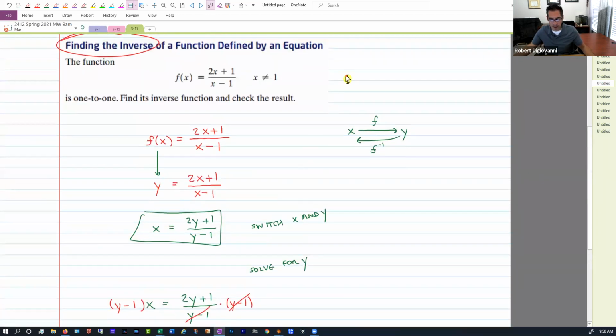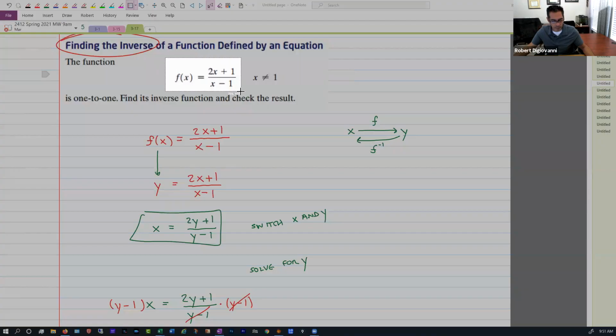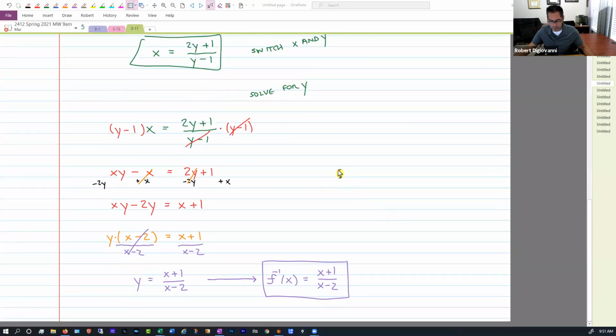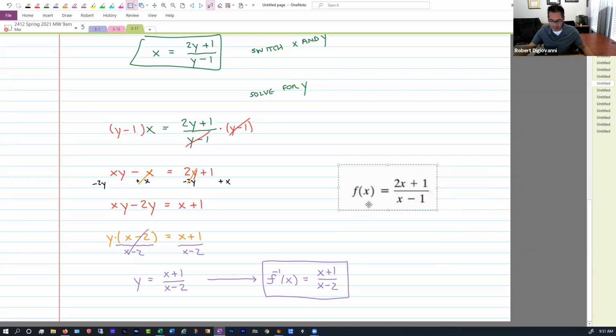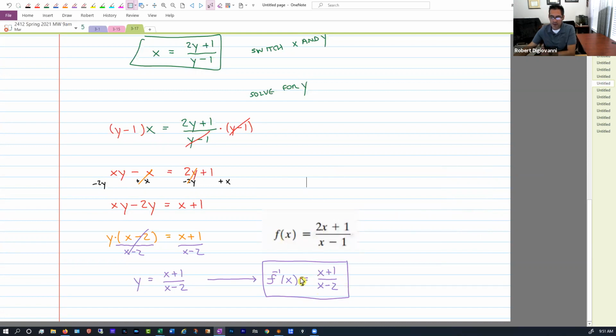I'm going to move this back up here, or you know what, I'll do this. That was the original function, right? Right there. This is the original function, and this is its inverse, right? We think it is. Now, could we check that this is the inverse? How could I verify that we got the right answer?